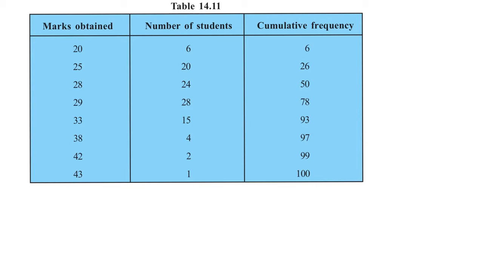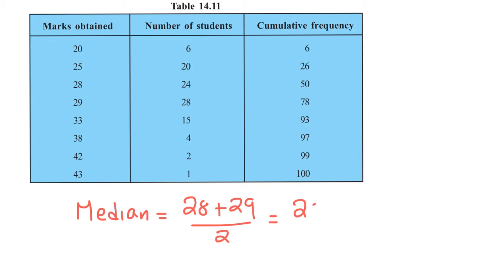So the average of that, the median, is going to be 28 plus 29 divided by 2, and that's going to be 28.5. So what we did was add this cumulative frequency. This part, which consists of column 1 and column 3, is known as the cumulative frequency table.